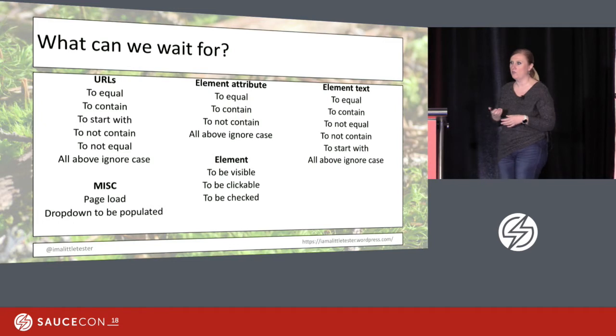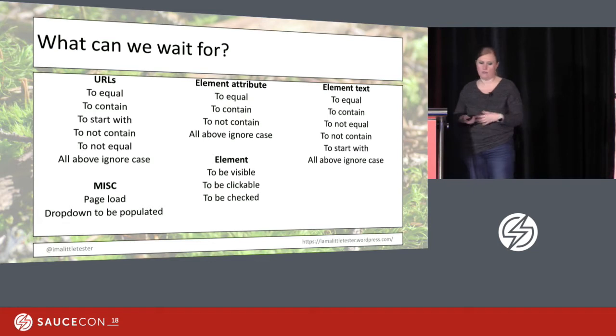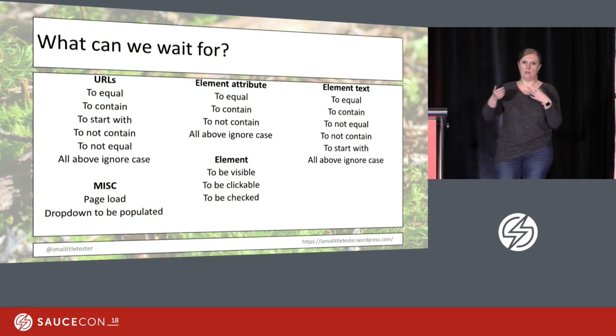Like maybe you don't want to end up on a page that says error in the URL, right? You can wait for element attributes. Element attributes are something like a class or, well, the ID is another attribute, or some custom attributes that you have in your page that describe that something has happened on that page by means of specifying that attribute.